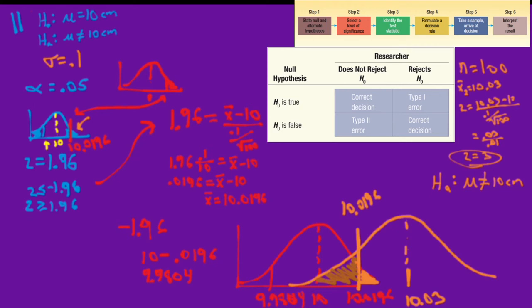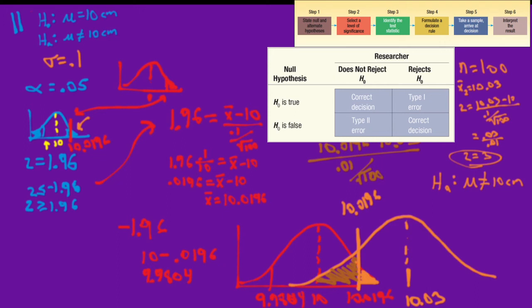And that's a calculation we're familiar with. It's not exactly simple, but we've done these types of calculations. We can find a z-score directly from that: 10.0196 minus 10.03, relying upon our standard deviation of 0.01 and a sample size of 100.